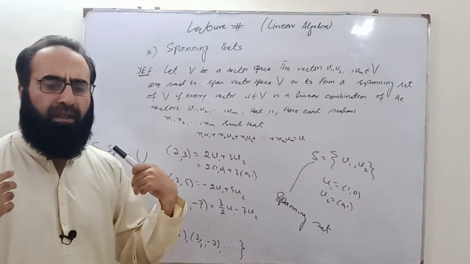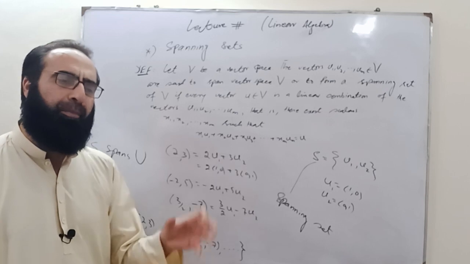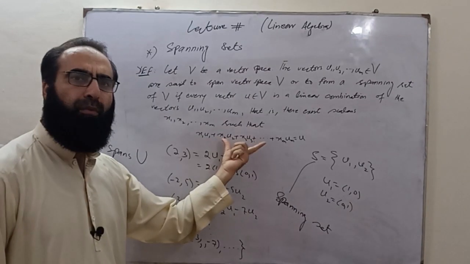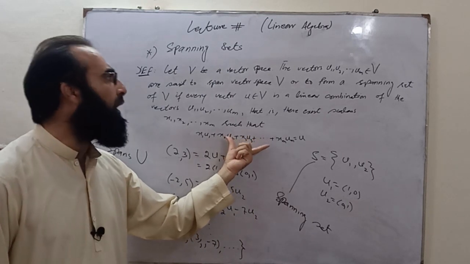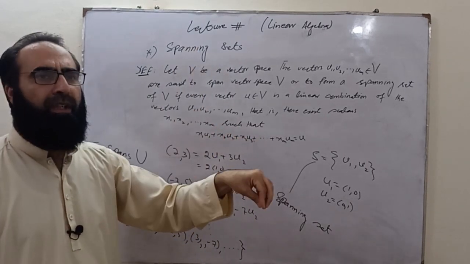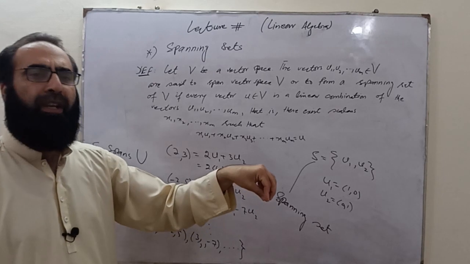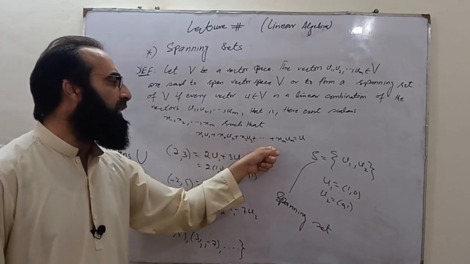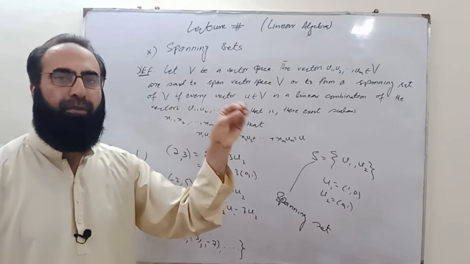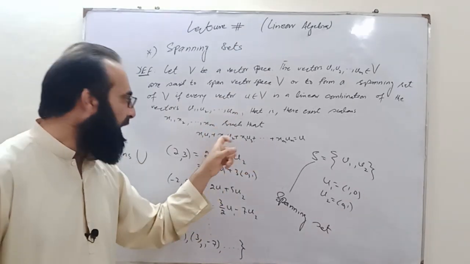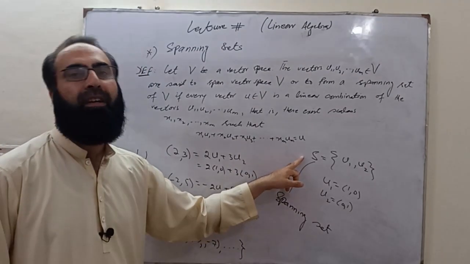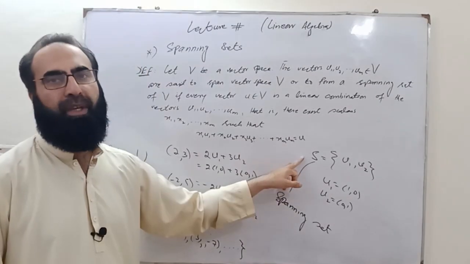Basically, in linear combination, we express some specific vector as a linear combination of the given vectors u1, u2 up to um. If each and every vector of a given vector space is a linear combination of these vectors, then we will say that S spans V, and the collection of these vectors denoted by S will be known as a spanning set for the vector space V.